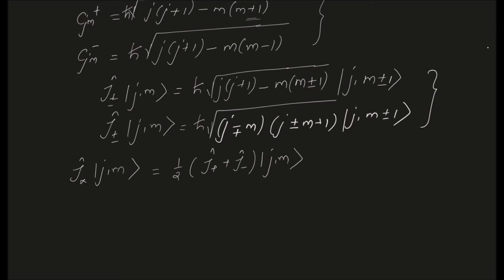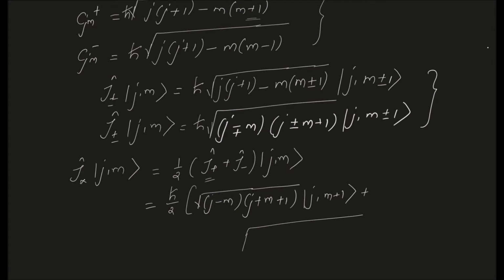If you substitute for J plus and J minus from the previous expression, you can write it as h cross by 2 times square root of j minus m into j plus m plus 1, which is for the J plus, giving the state j, m plus 1, plus square root of j plus m into j minus m plus 1, which is for the J minus operator, giving the state j, m minus 1.